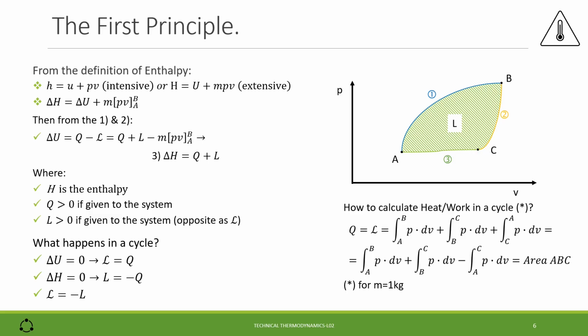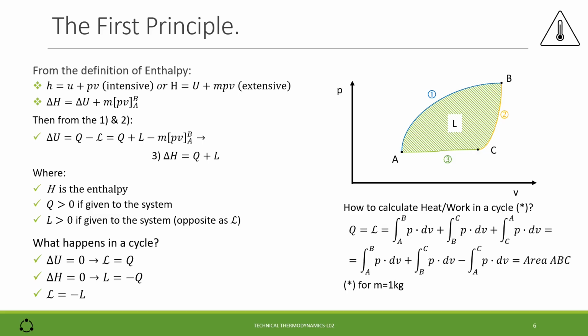The integral we can split into the single transformations, also from A to B, then from B to C, then from C to A. But we can invert the boundaries of the integral from C to A and write negative integral from A to C. In this case, we recognize that this sum of integrals is the area ABC.